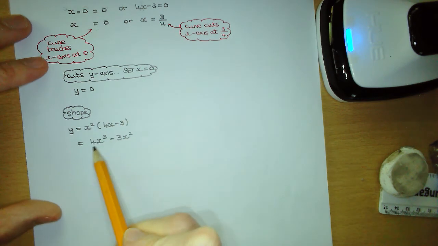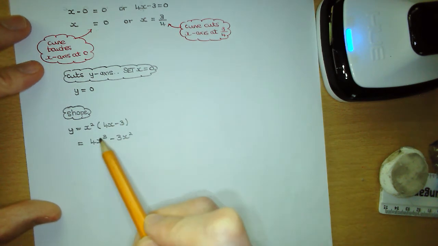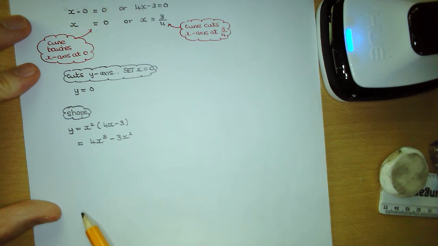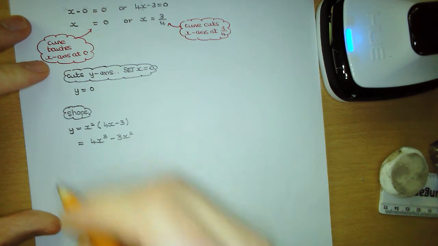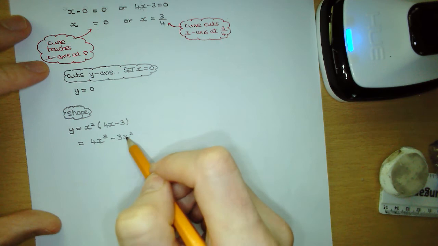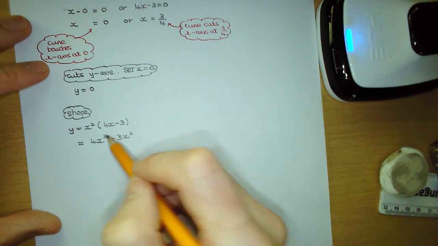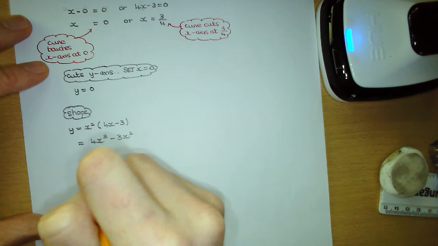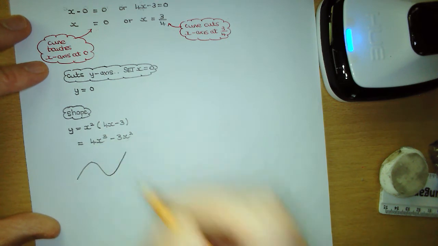Now, what we have is a cubic, with more than one x term and the coefficient of x cubed is positive. So remember the shape, if it's a cubic, it's got more than one x term, coefficient of x cubed is positive, then its shape is going to be up, down, up.